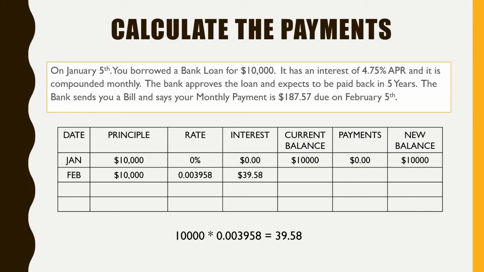Okay, so you multiplied your rate times your original principal. So what did you borrow? I borrowed a principal of $10,000. Right, so you multiply that by your rate, and that's how you come up with the 39.58.